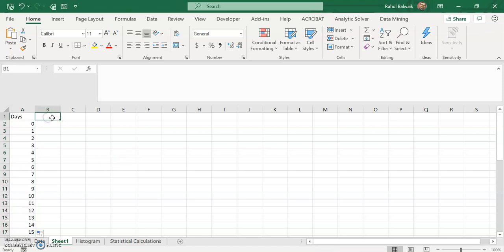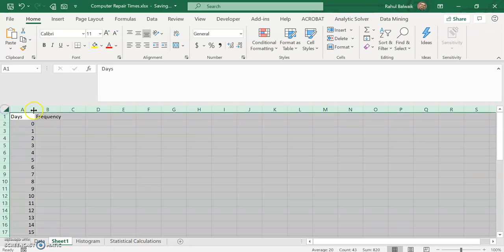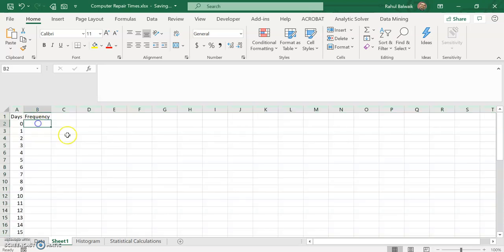Now the next thing that I have to find out is how many computers were repaired in these many number of days, right? When we look at this blankly, we wouldn't know how many computers were repaired in 0 days, 1 day, 2 days and so on, right?